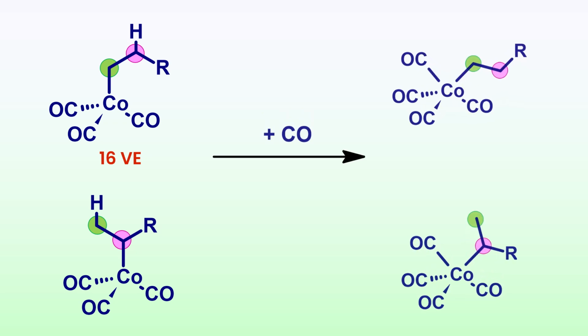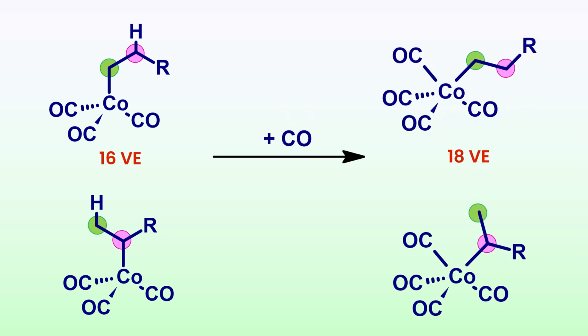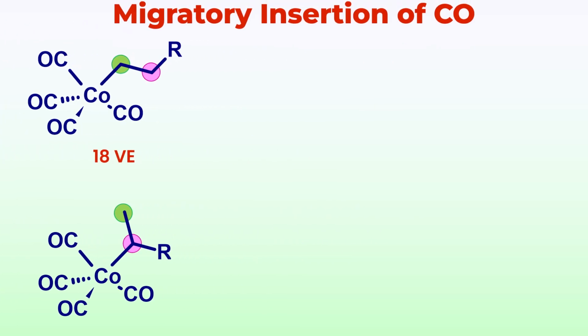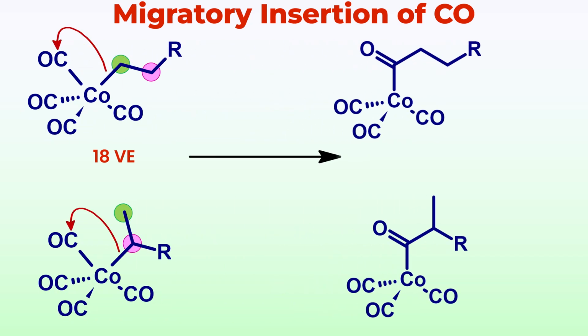In the next step, a carbonyl ligand is added to form an 18 electron complex. Here both possibilities are shown, one with a linear alkyl group and the other with a branched alkyl group. Now the coordinated carbon monoxide inserts into the cobalt alkyl bond.